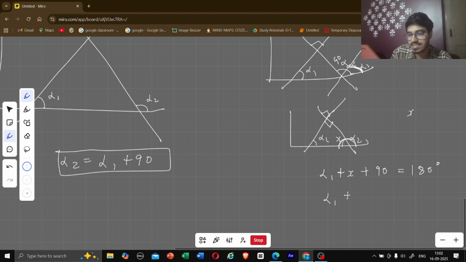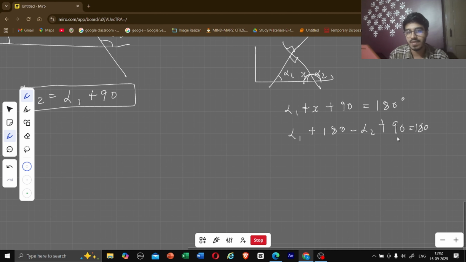So x is equal to 180 minus alpha 2. So we'll consider x as 180 minus alpha 2, plus 90 degrees, is equal to 180. Now the 180s will get cancelled.